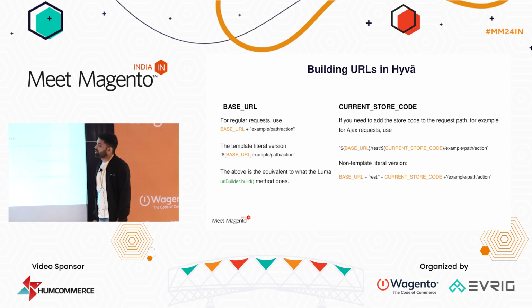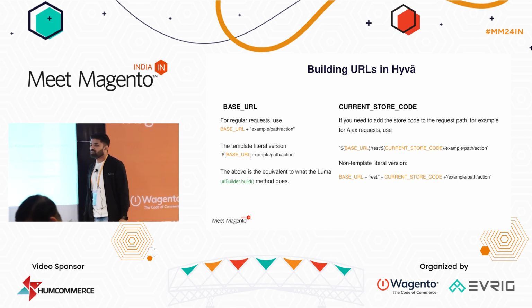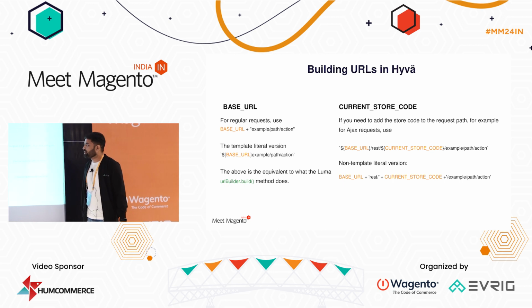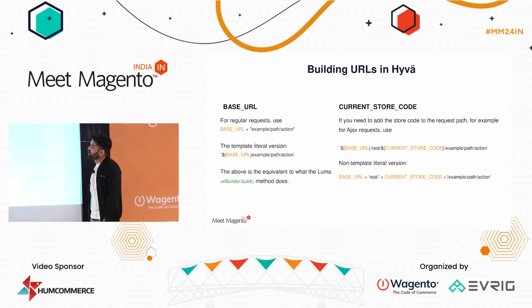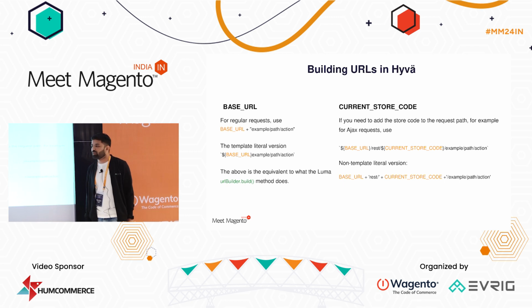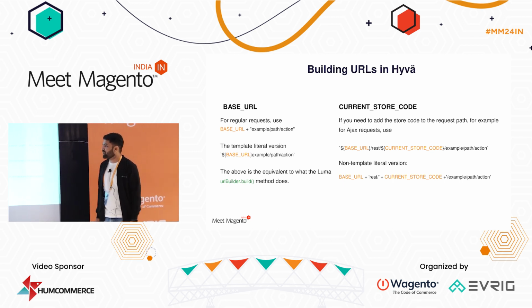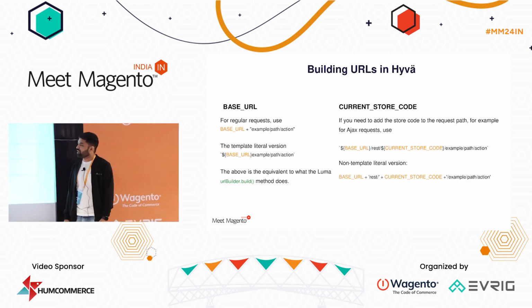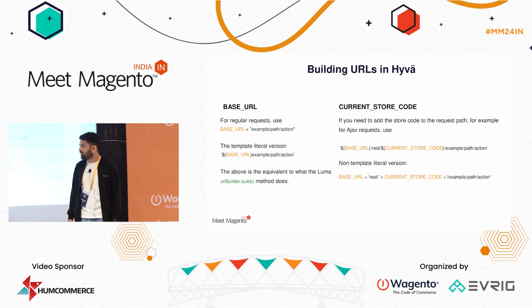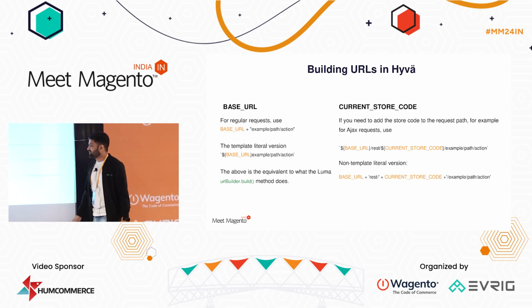So we can use the base store URL of our site for our POST. And for the current store code, we can simply use the current store code variable, and it will return the current store code of our store. So we can use the base URL to replace the URL builder, and that's it.